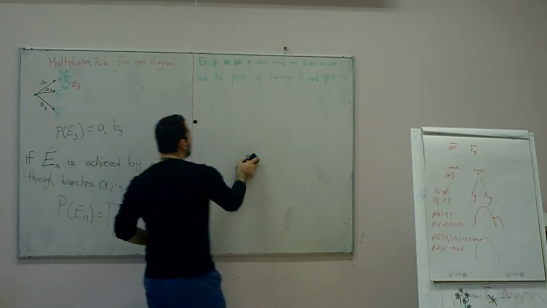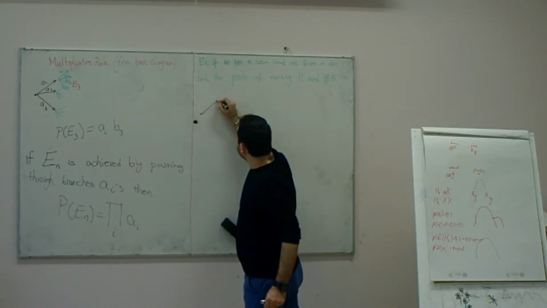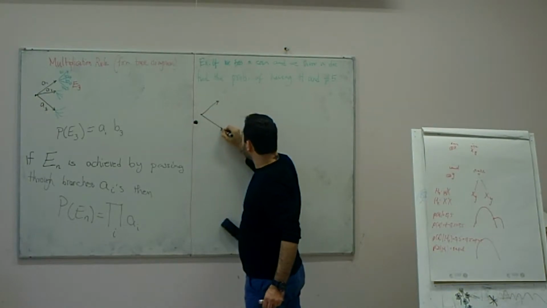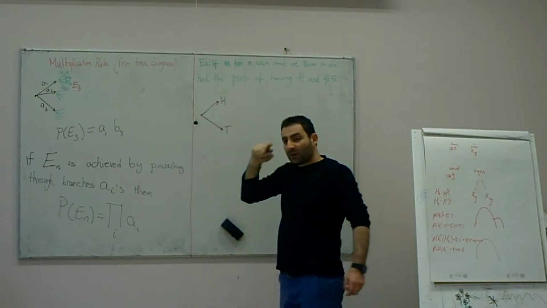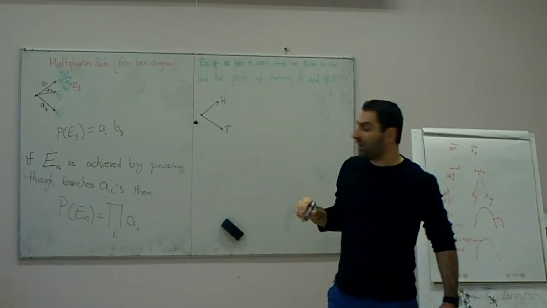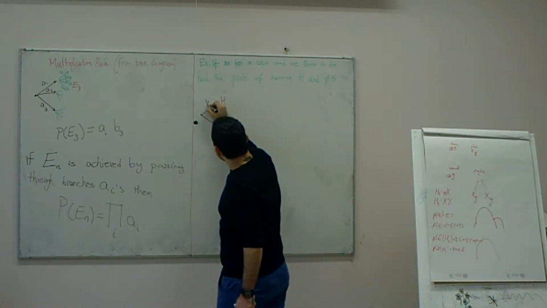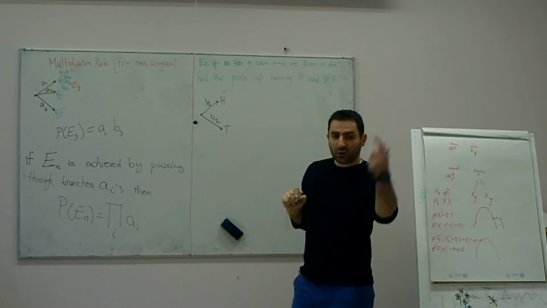What we do, we draw the tree, and the tree is in this form. At the beginning, we are tossing a coin. So what do we have? Either head or tail. What is the probability of head or tail? 1 over 2. So I write here 1 over 2, 1 over 2. After that, I am throwing a die.